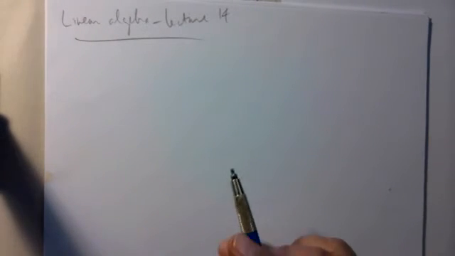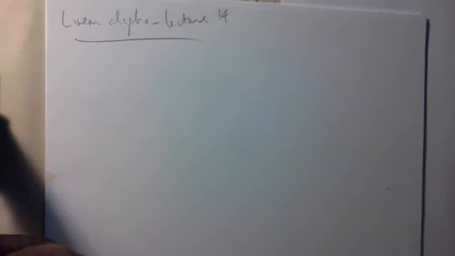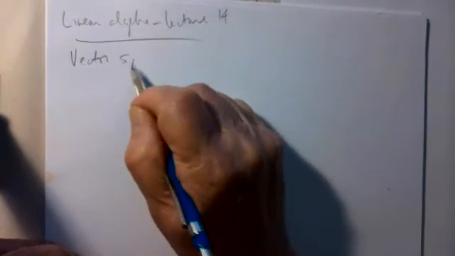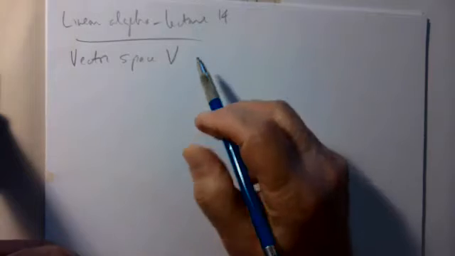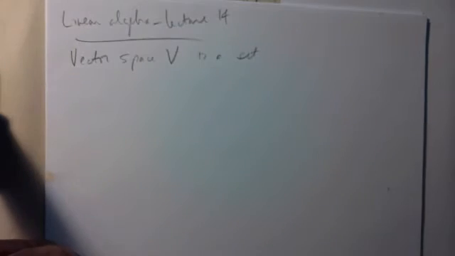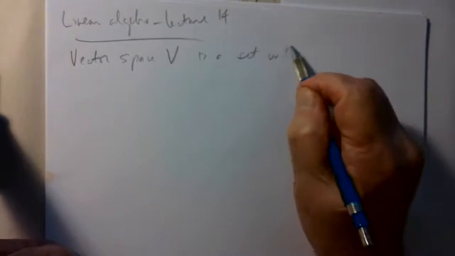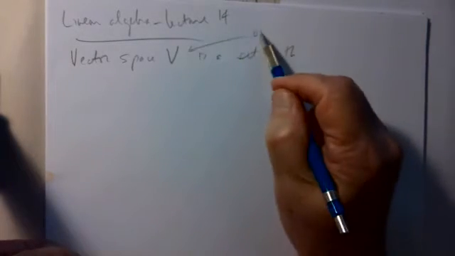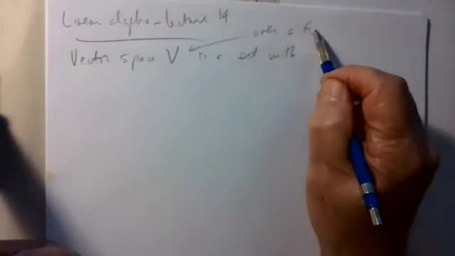So yesterday morning, we started to talk about vector spaces. A vector space V is a set with two operations. I should say a vector space V over a field.